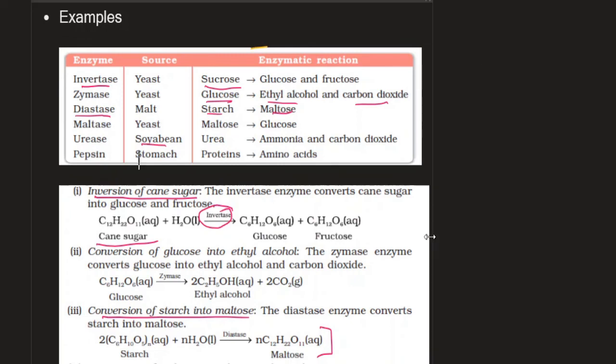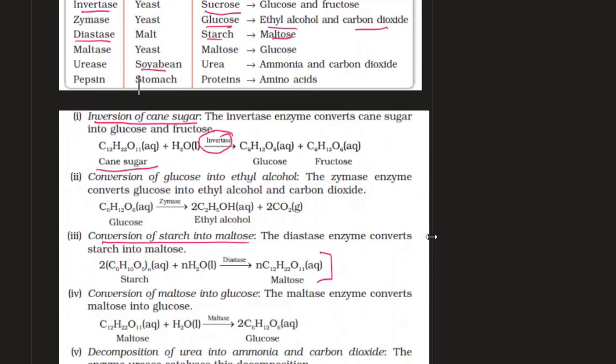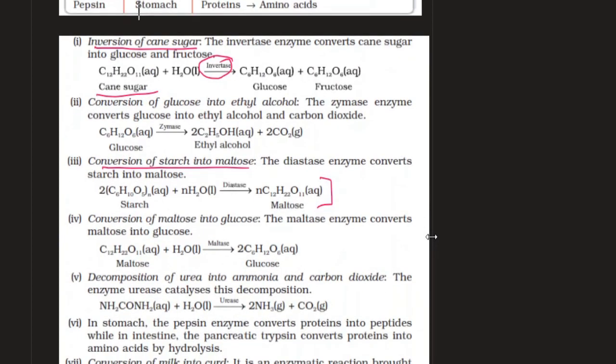You know the formula of urea, NH2CONH2. So this decomposition of urea is achieved by this catalyst urease. So NH2CONH2 becomes what? Ammonia and carbon dioxide.